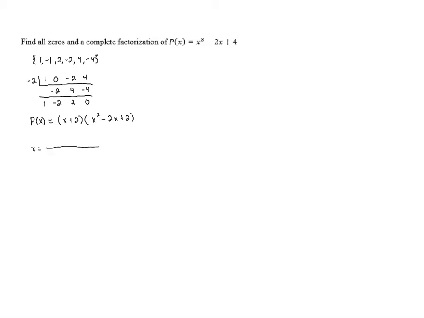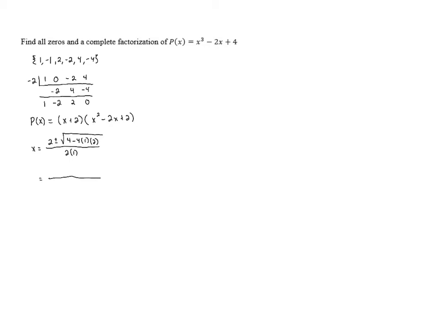So we've got opposite of b, which is going to be positive 2, plus or minus the square root of b squared. Negative 2 squared is positive 4, and then minus 4 times a times c, all over 2 times a.